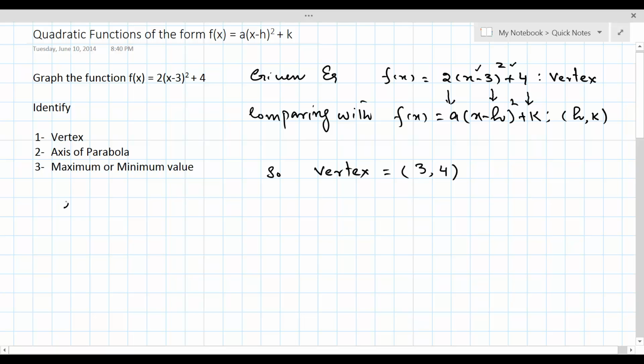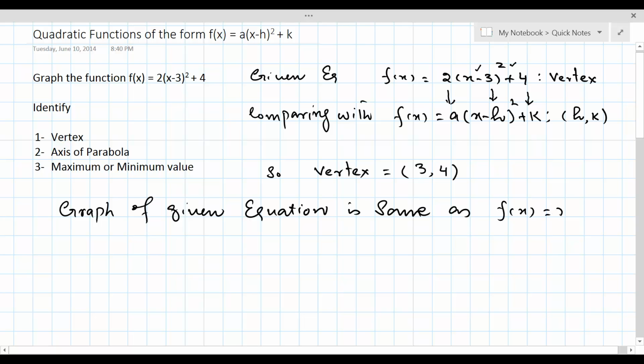So the graph of the given equation starts from f of x equal to x squared.